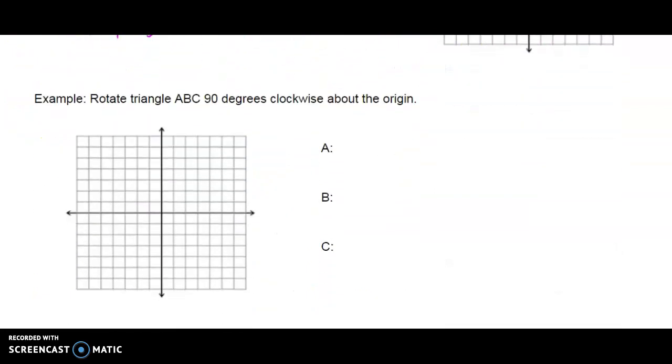All right, let's look at our last example. We want to rotate triangle ABC 90 degrees clockwise about the origin. So A is over here at the ordered pair (1, 1). B is at the ordered pair (3, 1). And C is at the ordered pair (2, 3).